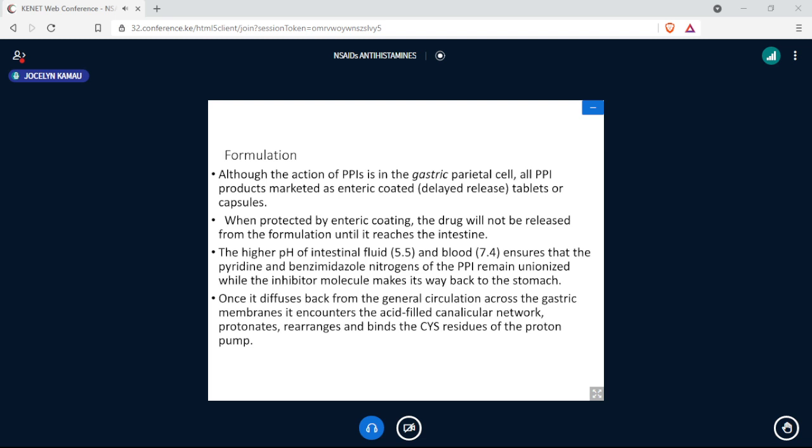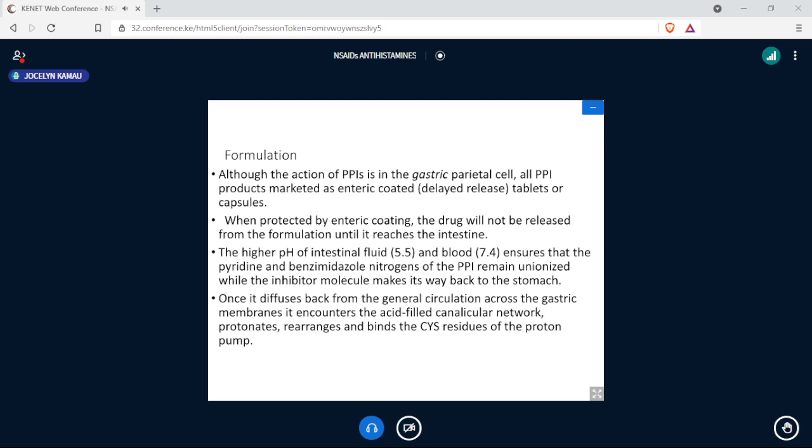Explain a bit where you need to. So it is not because of degradation that we are doing enteric coating. It's not because of issues of reabsorption, but the main issue is that we want to prevent the activation of this drug until it gets very close to the site of action to optimize its reactivity.